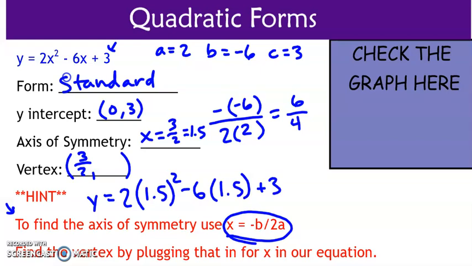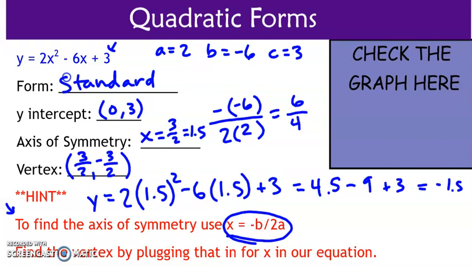So here we end up with 4.5 minus 9 plus 3. We're going to have a negative 1.5, or negative 3 over 2.